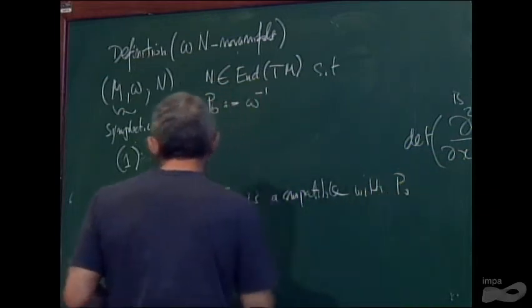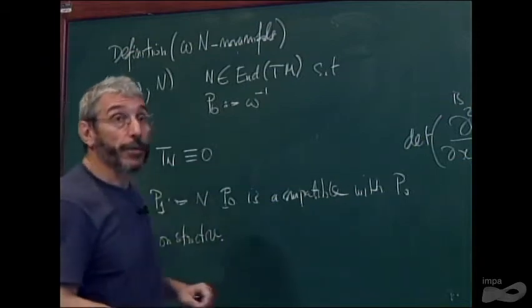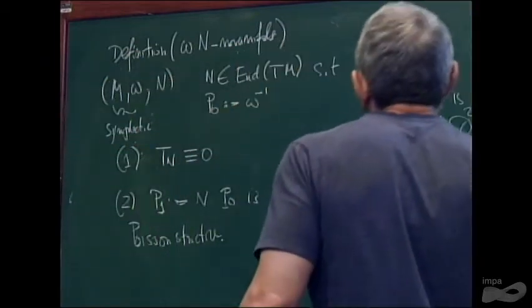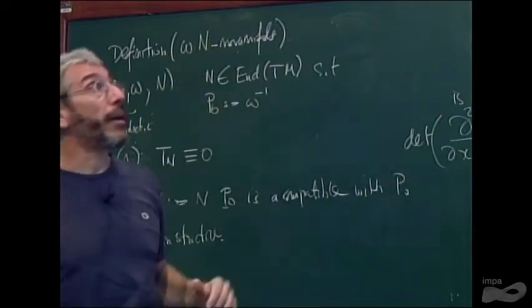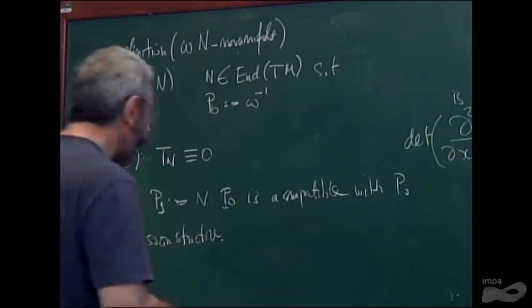So an omega-N manifold is just a Bi-Hamiltonian manifold where one of the two Poisson structures is invertible, coming from a symplectic structure.